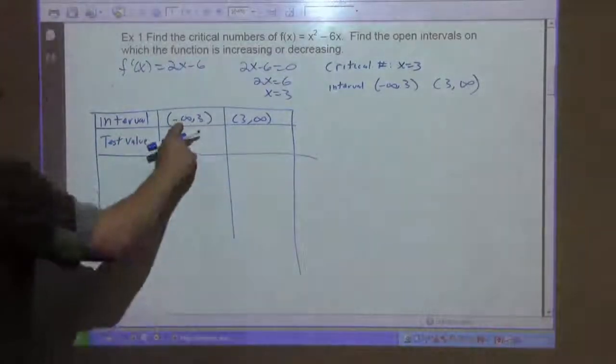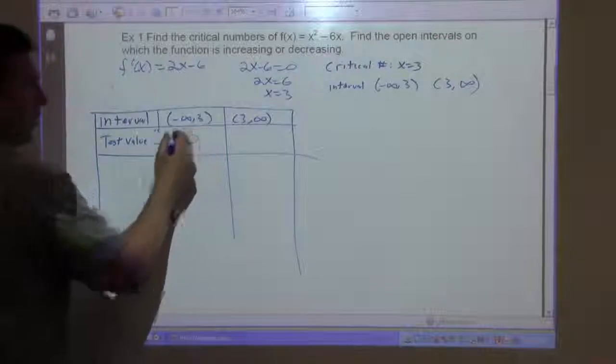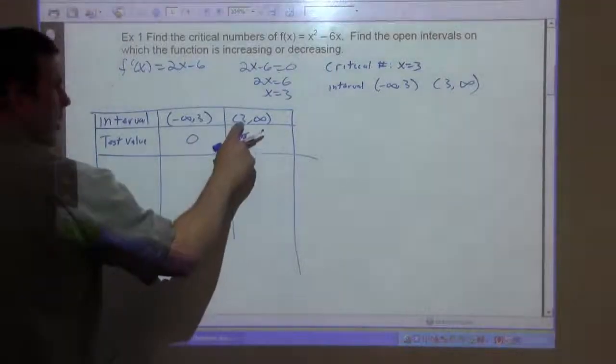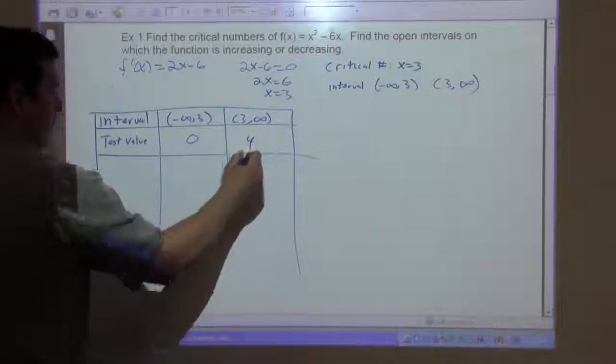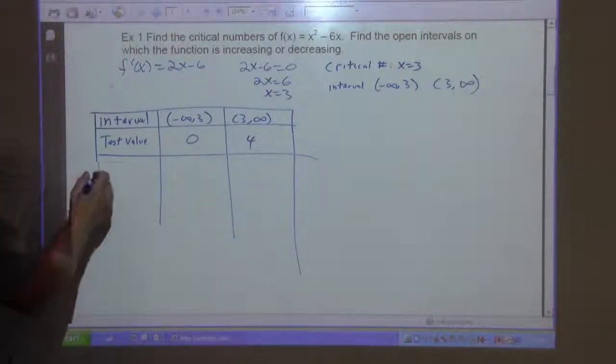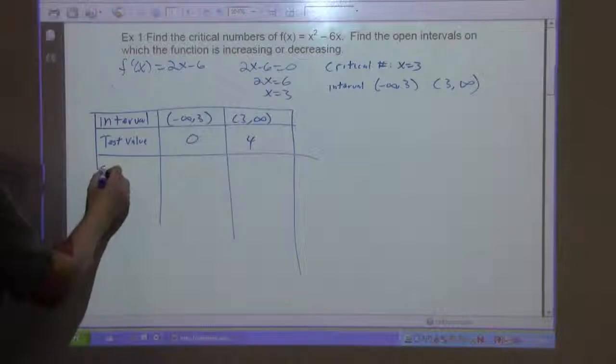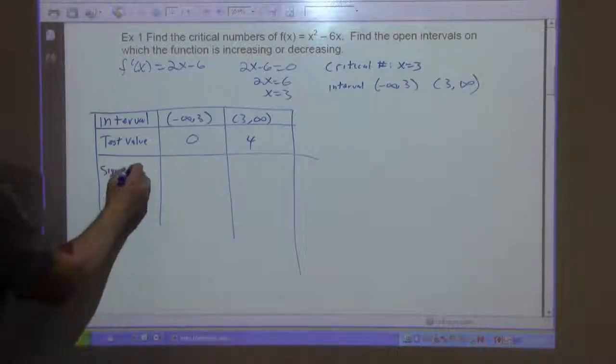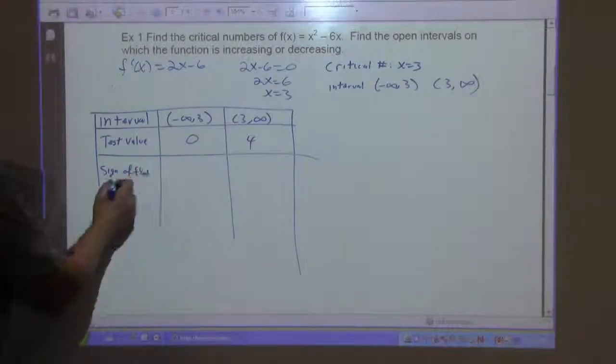Give me a number between negative infinity and 3; if you said 0, we were thinking the same. Give me a number between 3 and infinity; we'll go with 4. Now we'll look for the sign of f prime of x.